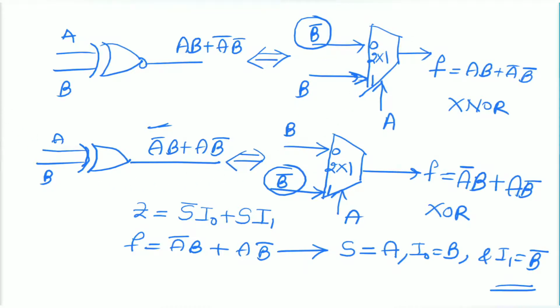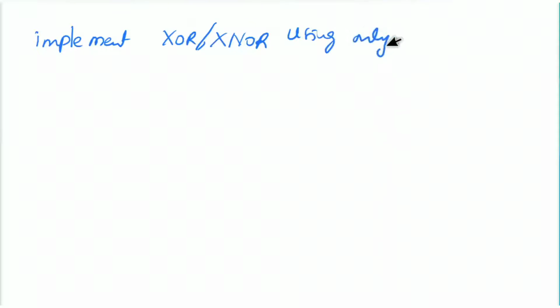But if the question is like this, implement XOR or XNOR using only 2:1 multiplexers, that means you need to implement these two functions with the help of only 2:1 multiplexers. You can use any number of 2:1 multiplexers as per your requirement, but you should not use any other logic gate.